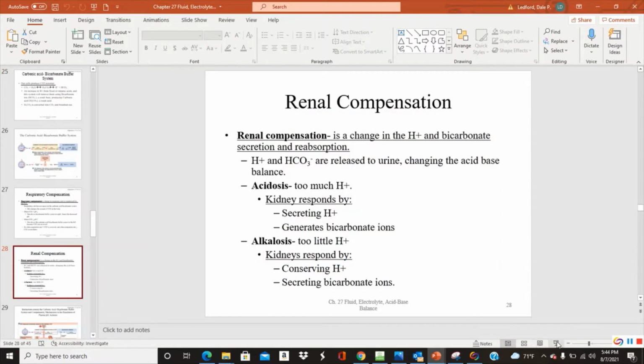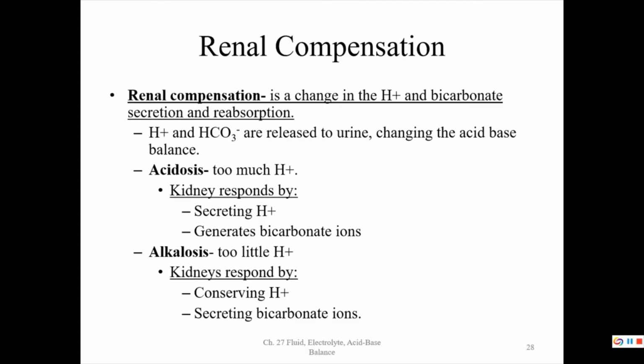Now, if I have too much hydrogen ions and I'm acidotic, I can use the kidneys to urinate those out. Aldosterone, remember, can cause the excretion of that. Not only that, but we can generate bicarbonate ions in the kidney and put those in the bloodstream, reabsorb them and get them into the bloodstream.